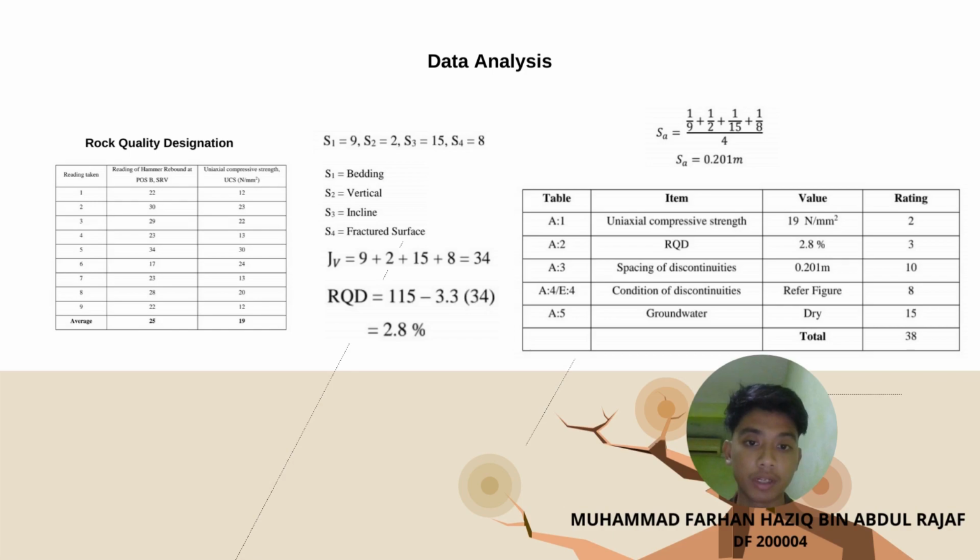We have the uniaxial compressive strength, which has a value of 19 Newton per millimeter squared, the RQD value, which is 2.8%, the spacing of discontinuities, which is 0.201 meter, the condition of discontinuities, which has a rating of 8, and our groundwater, which is dry according to our bare hands. So the total rating for our case study area is 38, which is determined as poor rock.